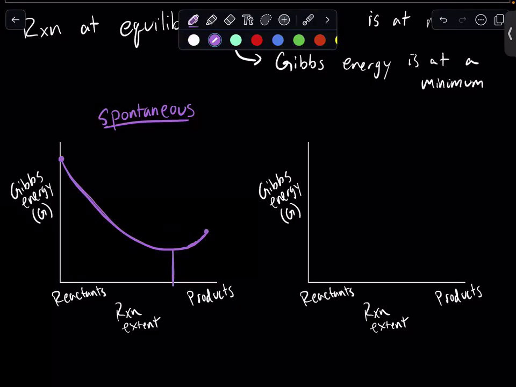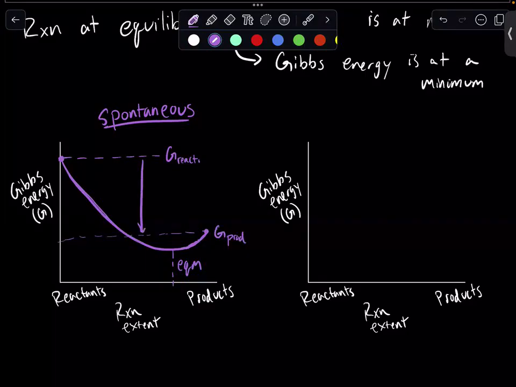This low point represents, I should do a dotted line for that, our equilibrium, where Gibbs is at the minimum value. It is shifted towards the products as you would expect in a spontaneous reaction. This maximum is our Gibbs of reactants. This minimum, or at least the far right point, is our Gibbs at products.